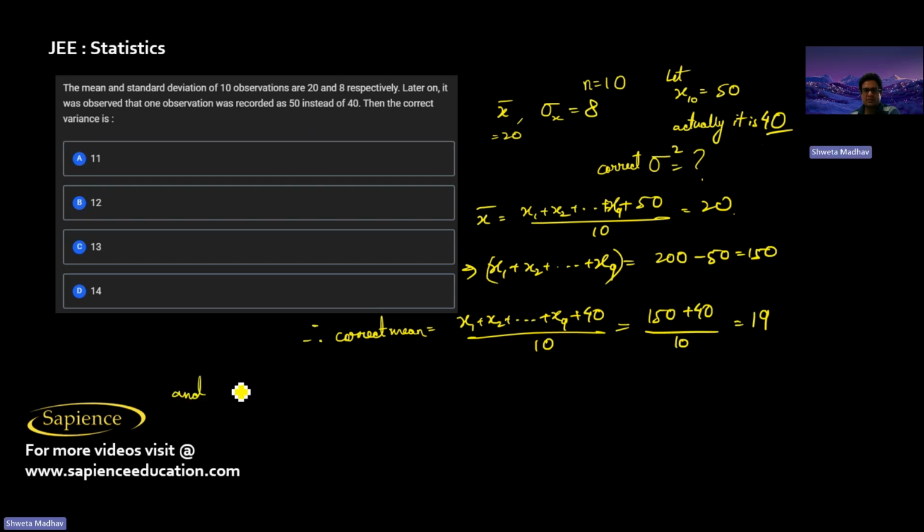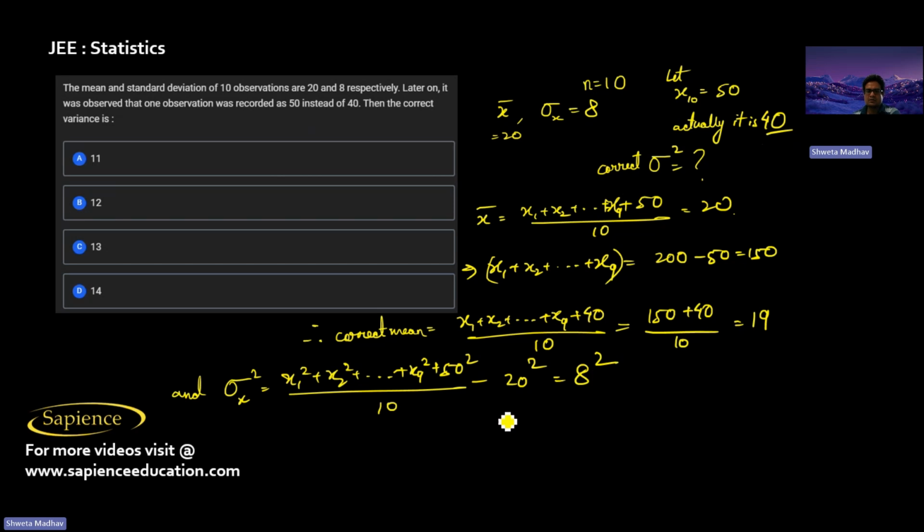And sigma x square, which is the variance, is actually equal to x1 square plus x2 square plus till x9 square plus 50 square, divided by 10, minus mean square, that is 20 square, that is given as 8 square, which is 64.